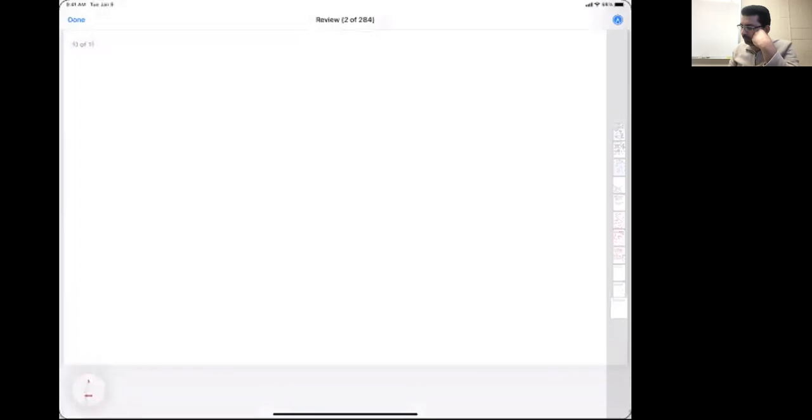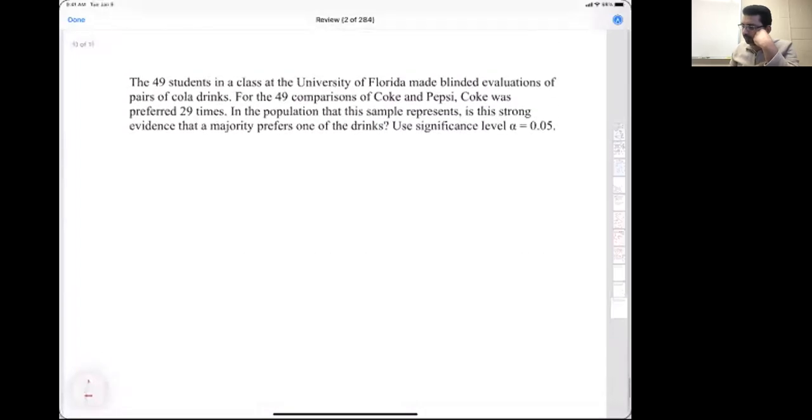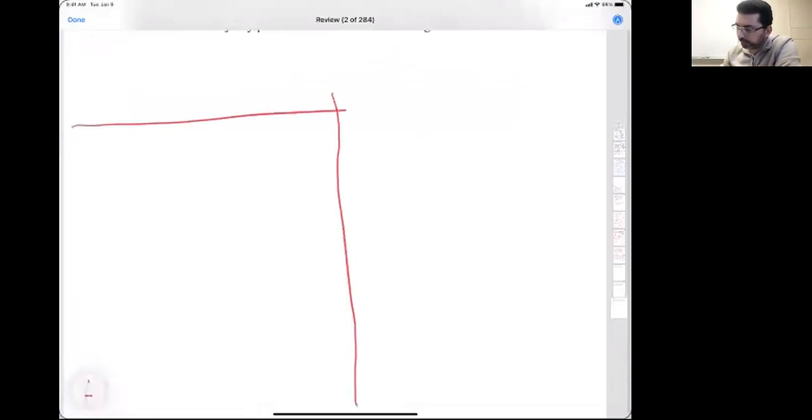So if you remember, we have some steps. The first step is to check the assumptions. Don't forget what we have also for the mean and for the proportion.